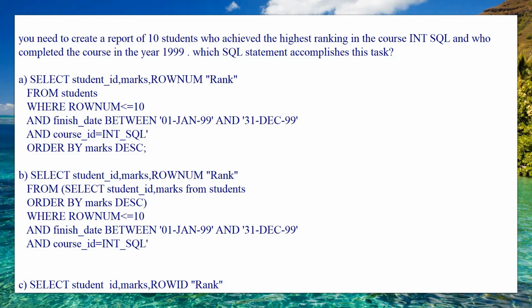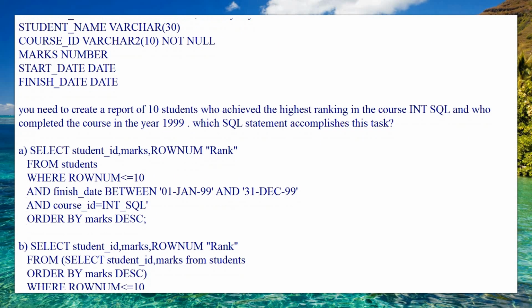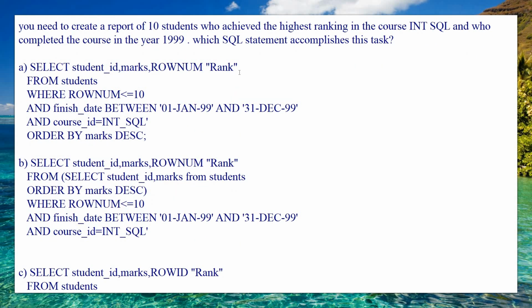Then after that we shall quickly see the second option for the sixth question. Again the second option is select student underscore ID comma marks, row number rank. From that you are going to select student underscore ID comma marks from students.